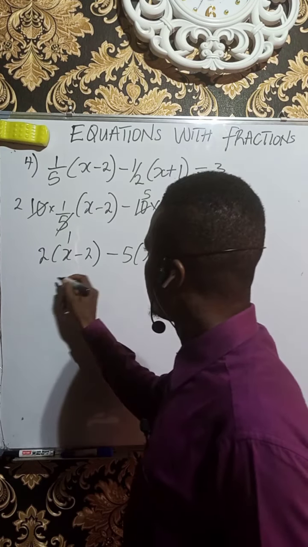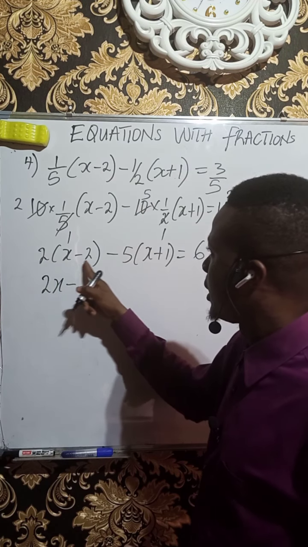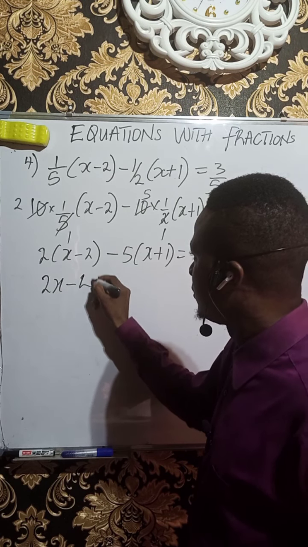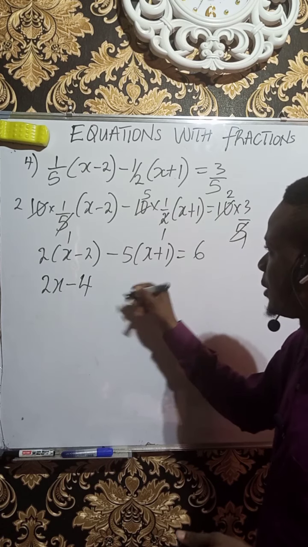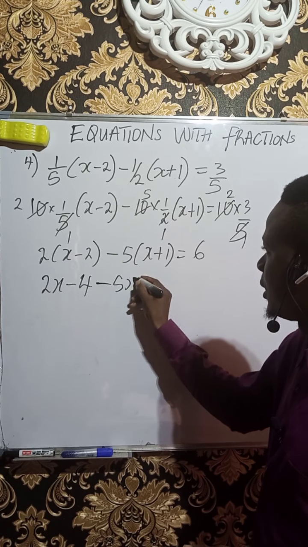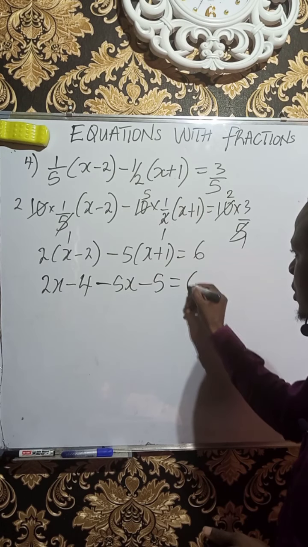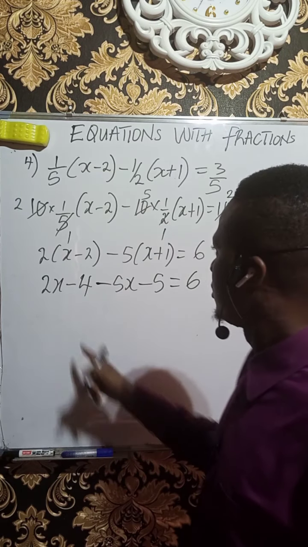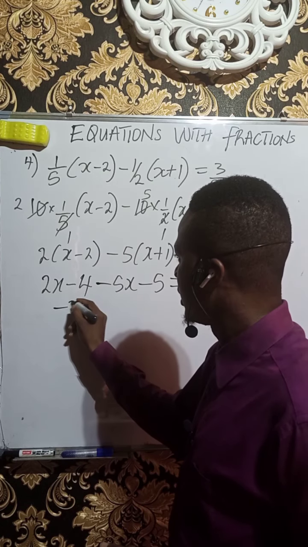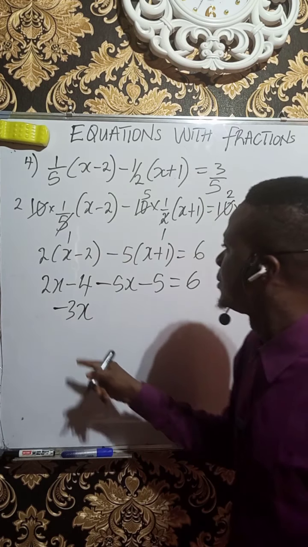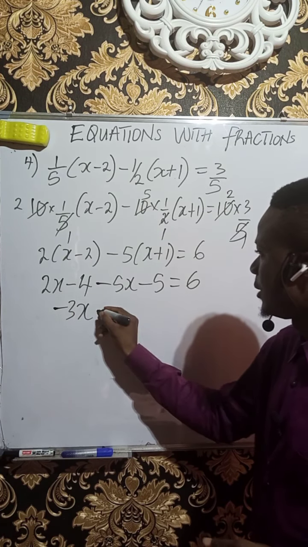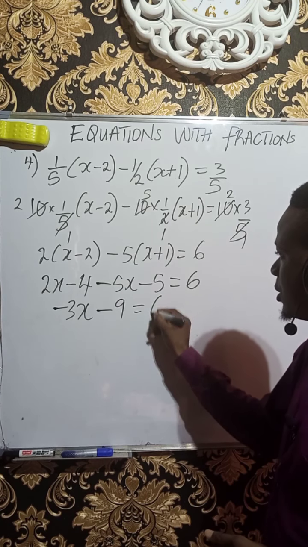Then open the bracket, we have 2x. 2 times minus 2 is negative 4. Minus 5 times x is negative 5x. Minus 5 times 1 is negative 5 equals 6. Now 2x minus 5x is minus 3x. Minus 4 minus 5 is minus 9 equals 6.